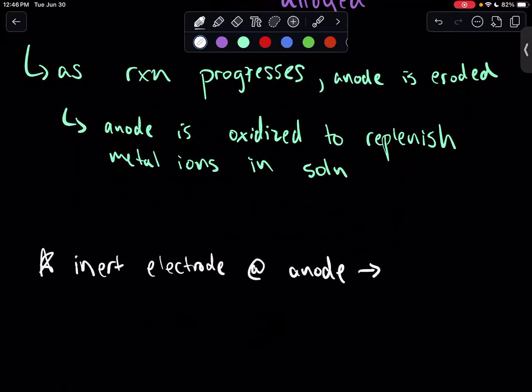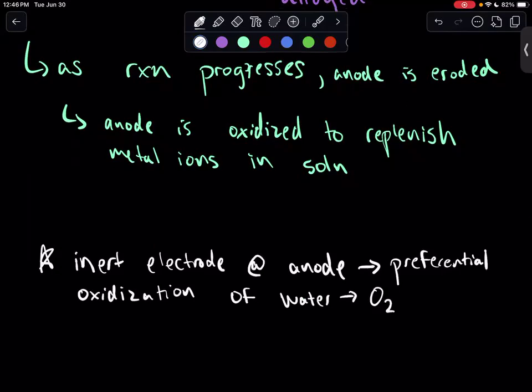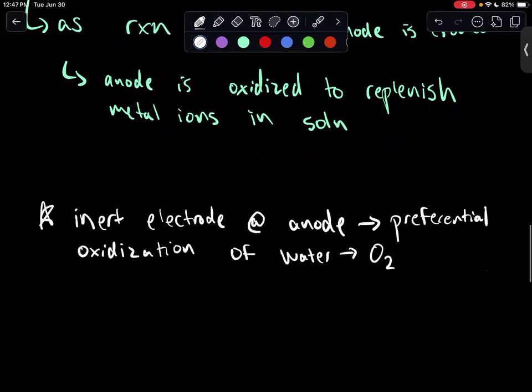This will actually cause a preferential oxidation of water, producing O2. Now, that would be instead of the anode reacting. And so you may have oxygen gas bubbling. If that's happening, you're seeing the preferential oxidation.